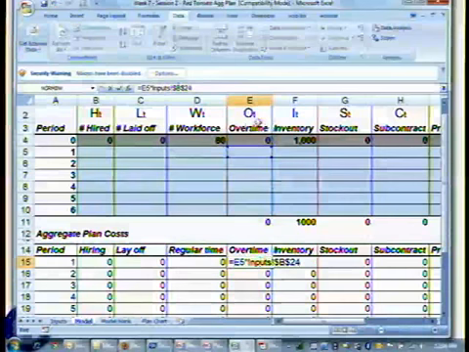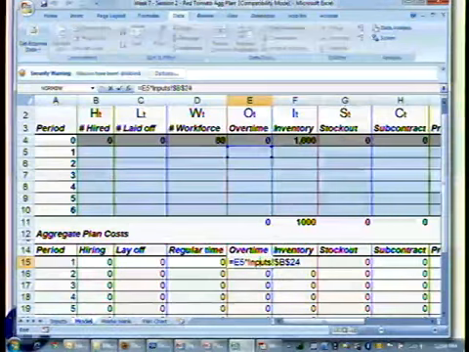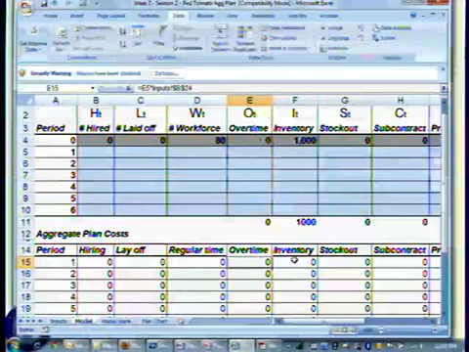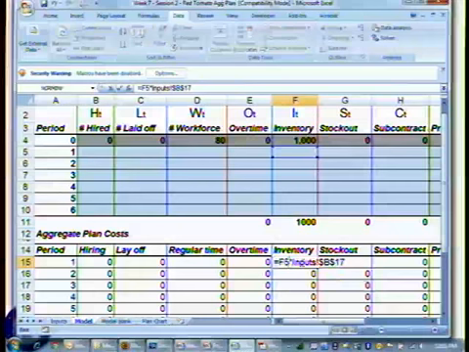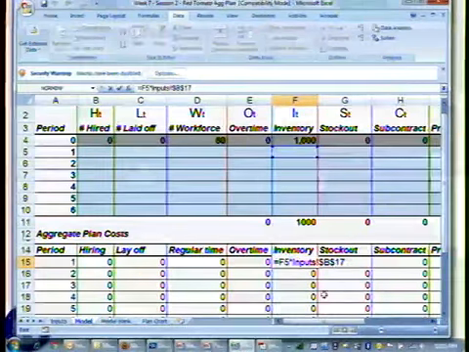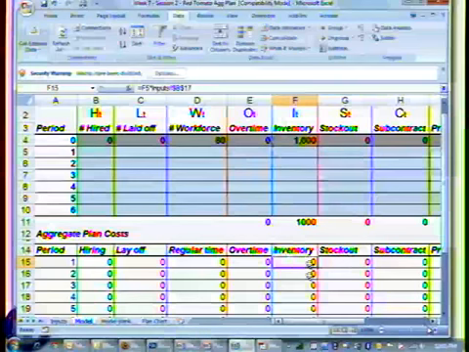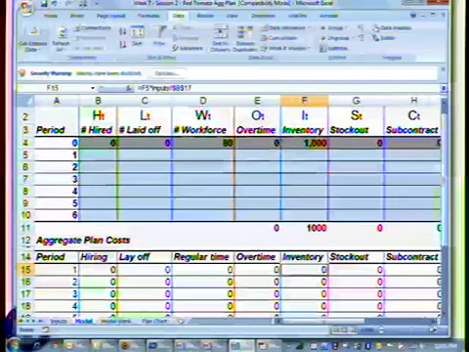Our overtime is going to be the number of overtime hours times the hourly rate. So this overtime is a function of the hours. Our inventory is going to simply be the inventory holding cost in our inputs page multiplied by the number of units in inventory for every period.